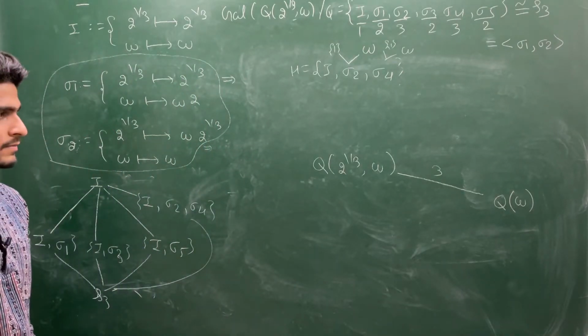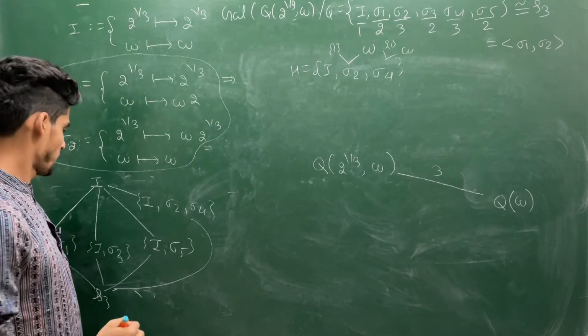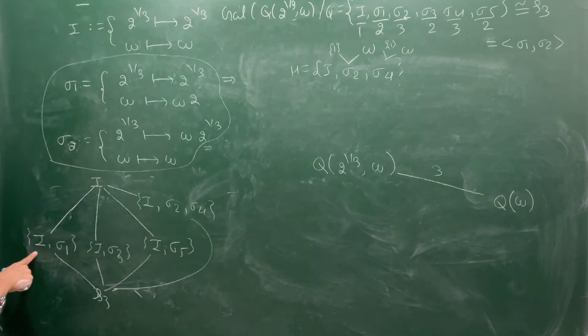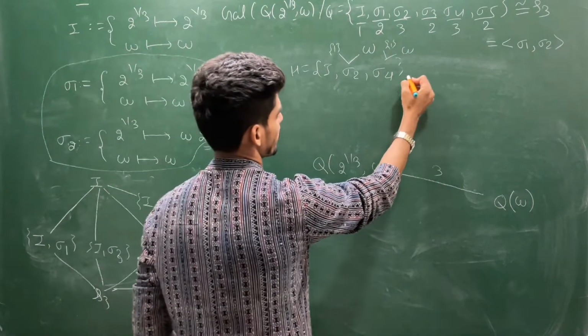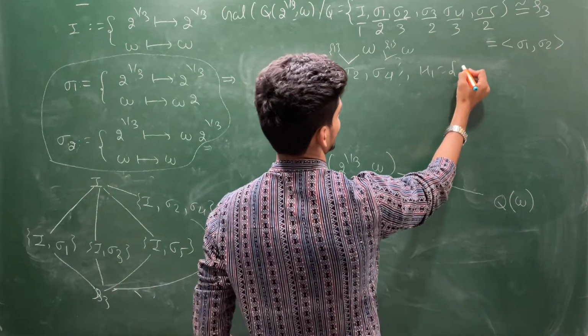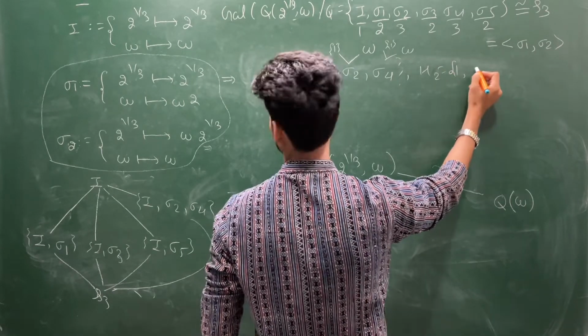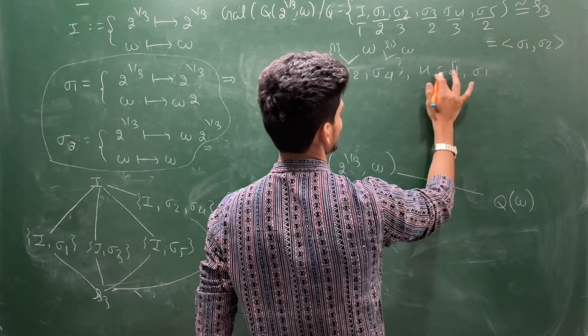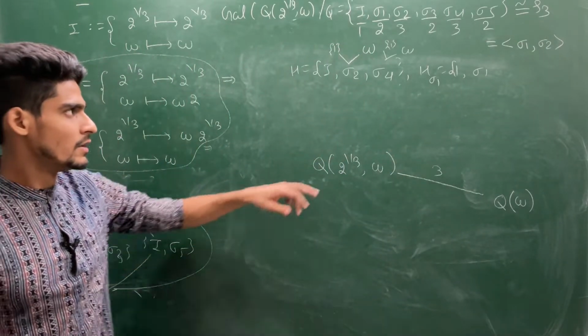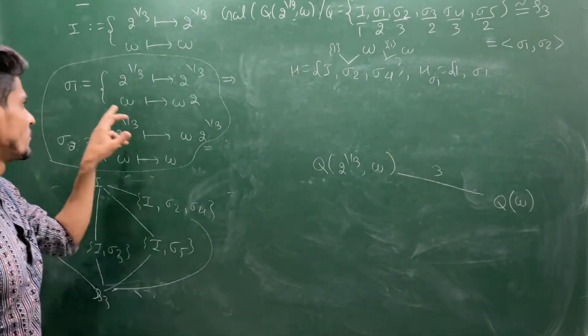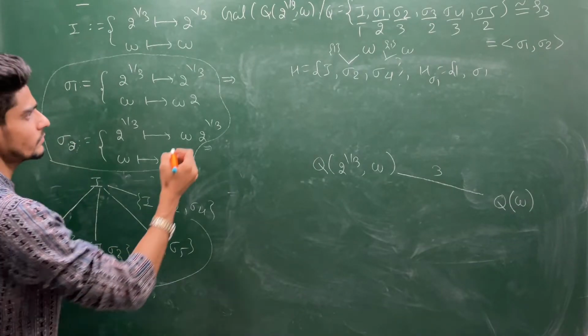Now I need to verify this, but sigma 1 I can do directly. If you change your subgroup, say H sigma 1, this is 1 comma sigma 1. So let's see what are the elements which are fixed by sigma 1.